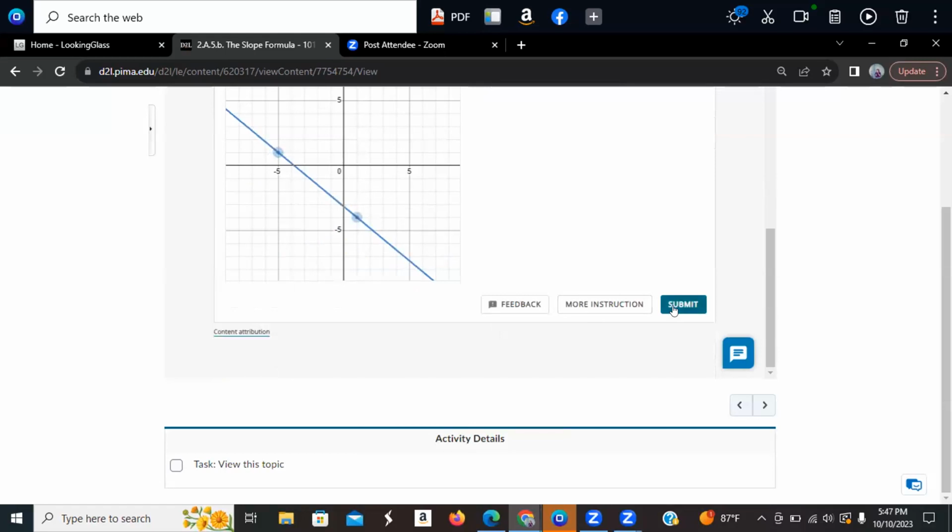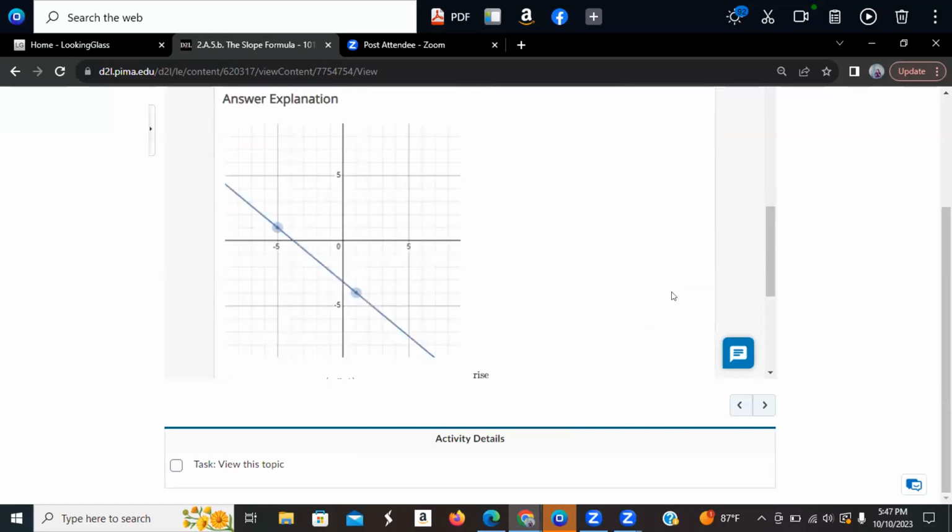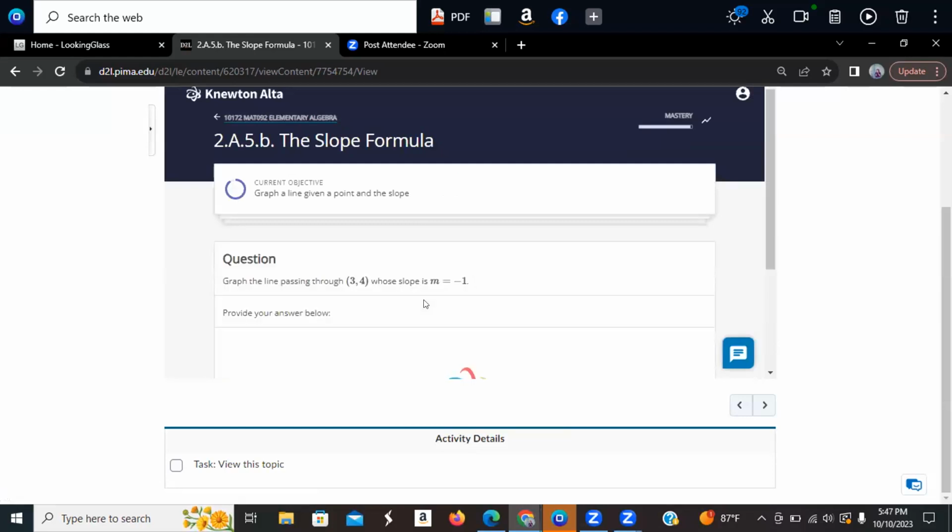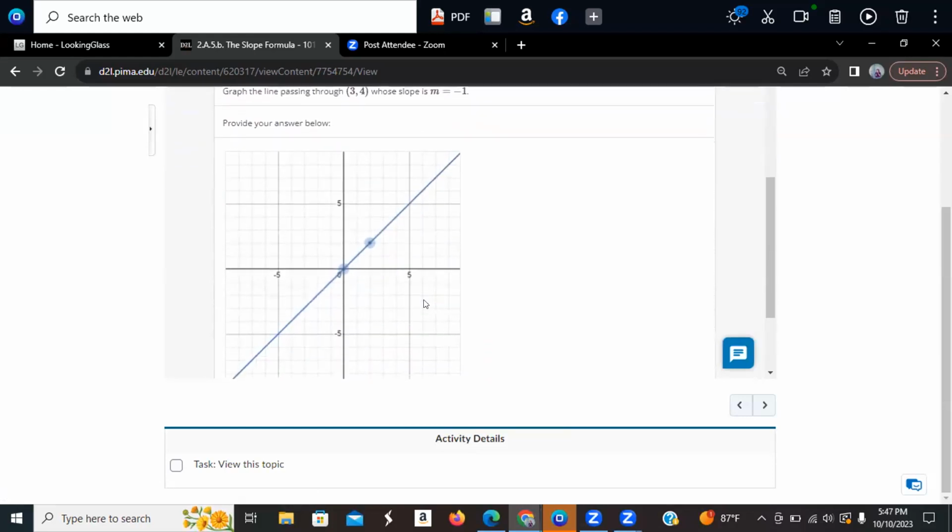Good. Same thing on this one. And would I go down one for the... Yeah, you go down 1 and then right 1. Okay.